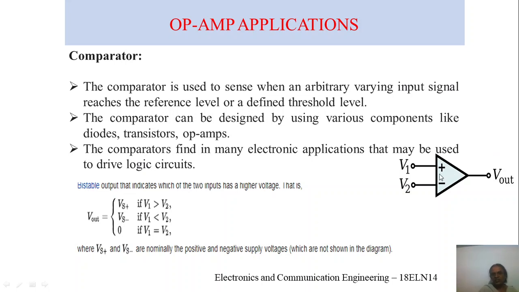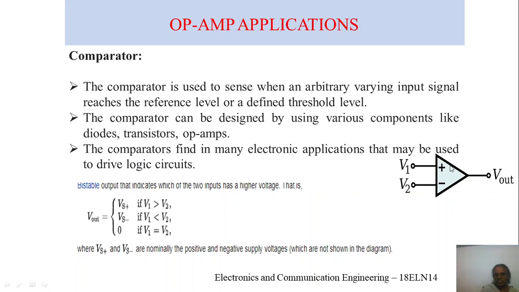Now the other way, if V1 is greater than V2, the voltage level at the plus or non-inverting terminal is higher than the voltage at the inverting terminal, and the output will produce the positive supply voltage.